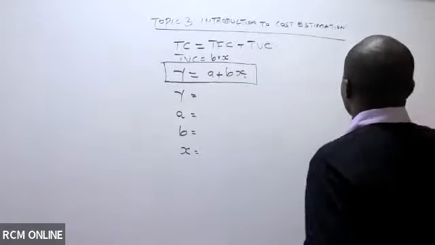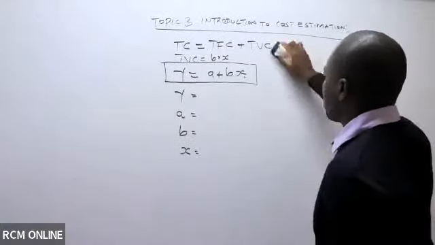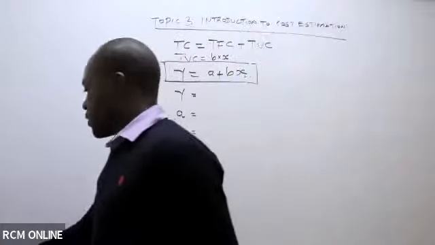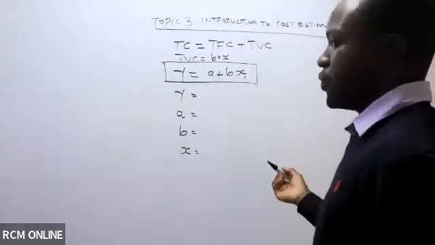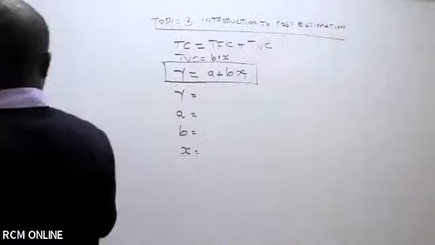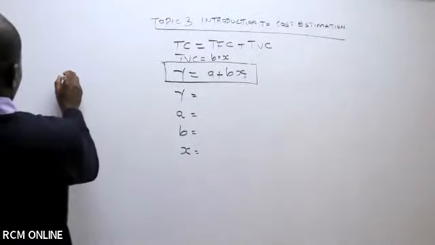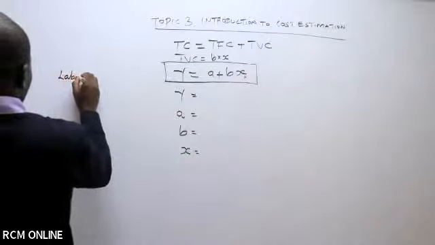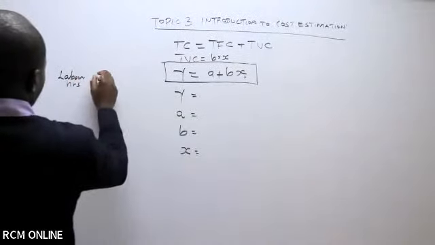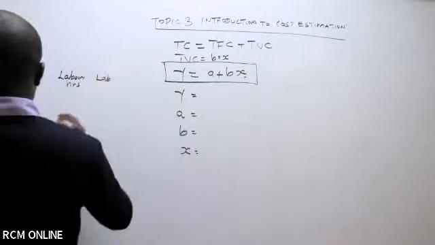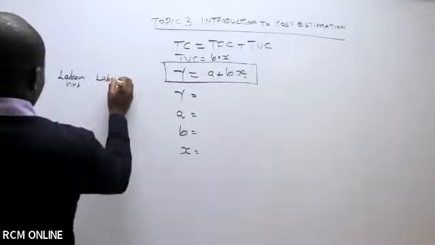So we need to understand what each of these items represents. For us to explain that clearly, we need to move to this section here and have, for example, labor hours, and then labor cost.